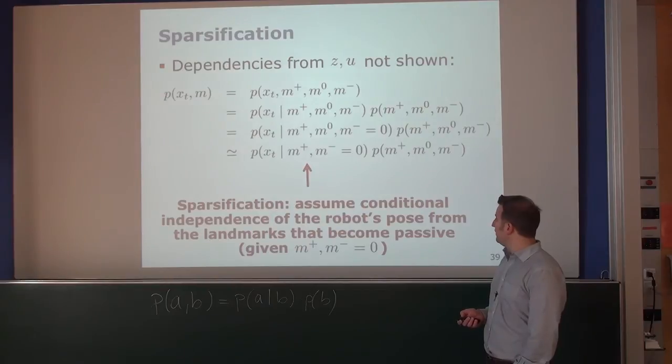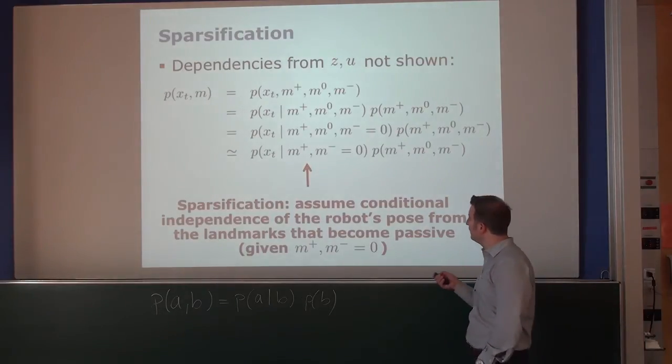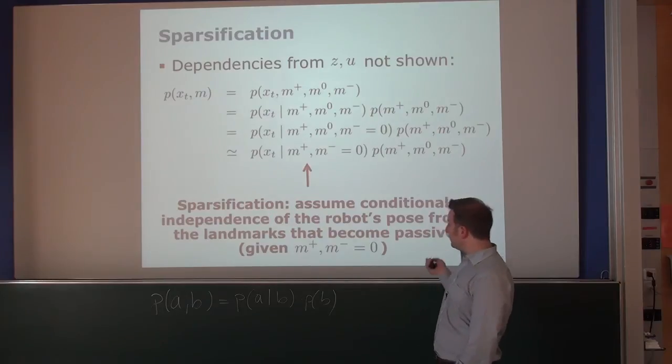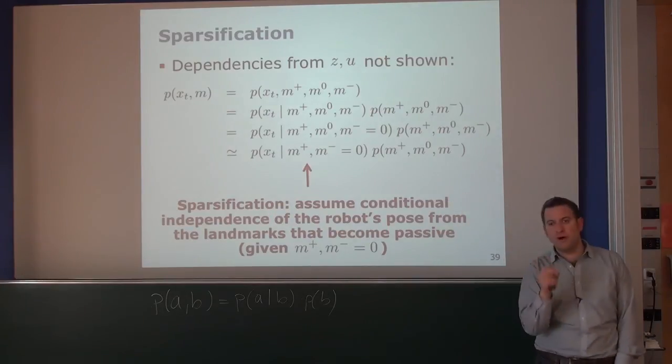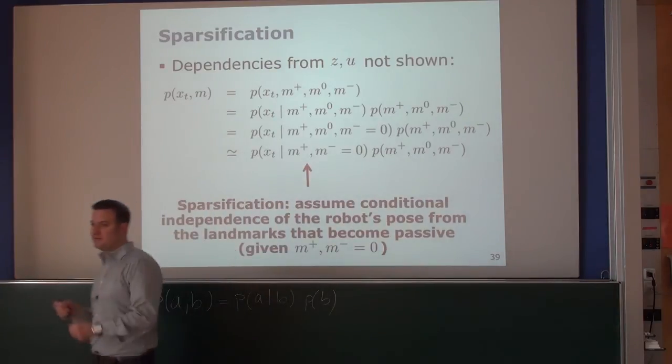Then the next thing is the sparsification that I do. I assume a conditional independence between the robot's pose and those landmarks which have been active before and now become passive. This is the sparsification.